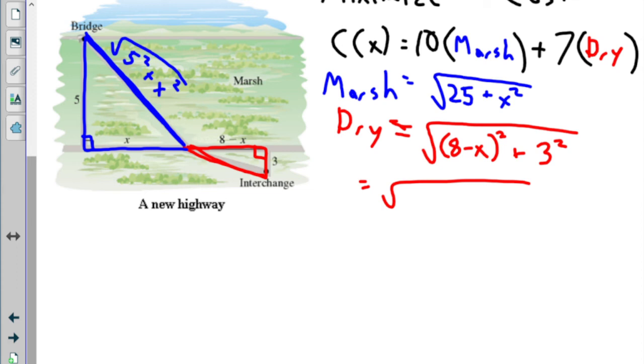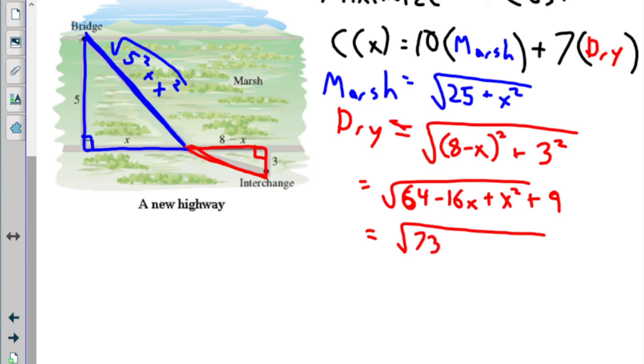It would be 8 minus x times 8 minus x. So it should be 8 squared is 64. Then we would have a minus 8x and a minus 8x giving me a minus 16x. And then negative x times negative x is positive x squared. Plus 3 squared is 9. So combining my like terms, that's going to give me 64 and 9, 73, minus 16x plus x squared.